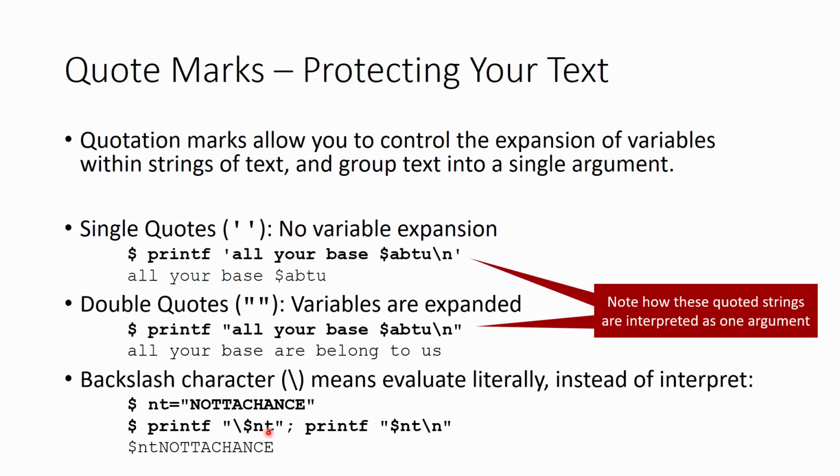And what that's going to do is cause printf to ignore the fact that that is a $, even though I've used double quotes here. Note that there's no new line character right here, so it's not going to start a new line. Then I'll printf normal $nt with a new line. So that gives us, here's that $nt that did not get expanded, and then "not a chance" because we did expand it, and then a new line character at the end.